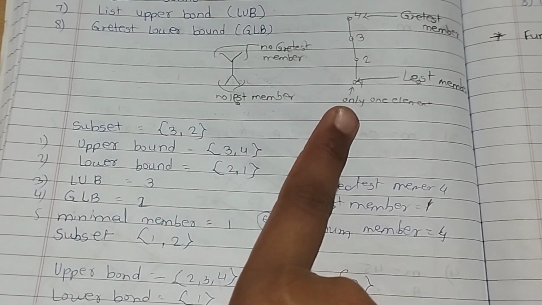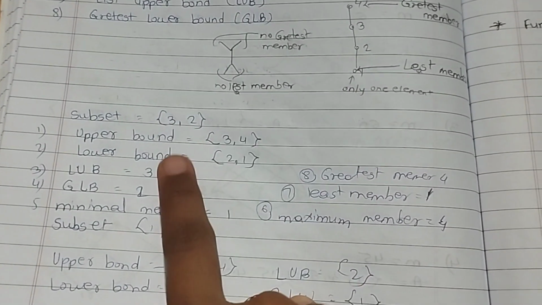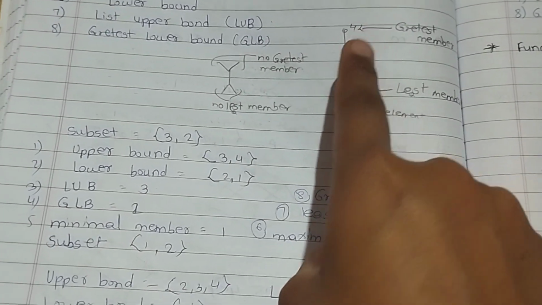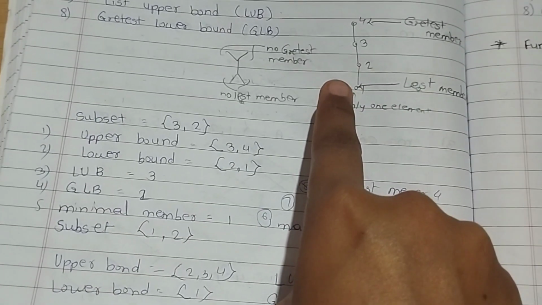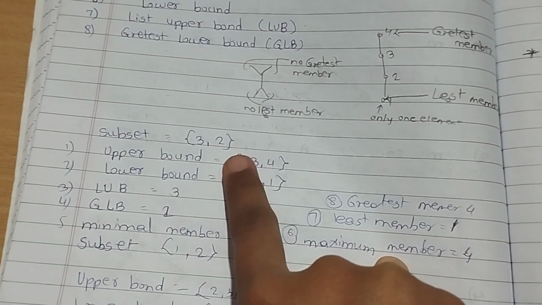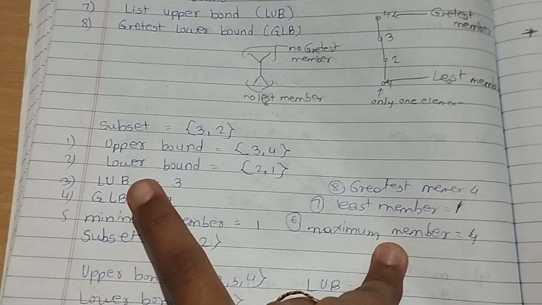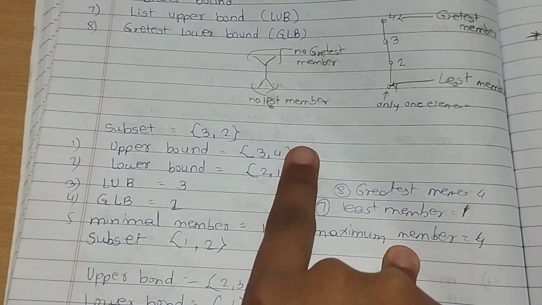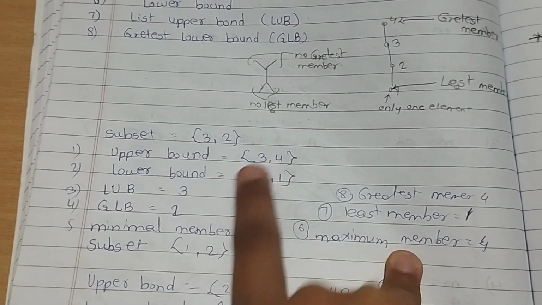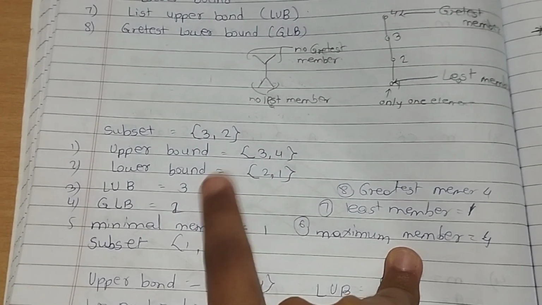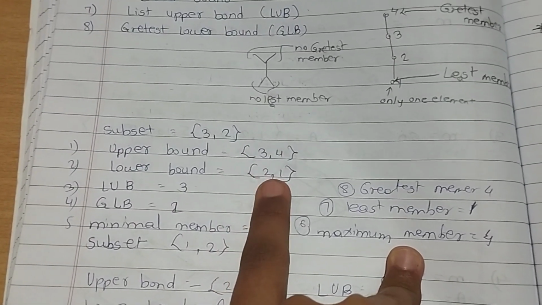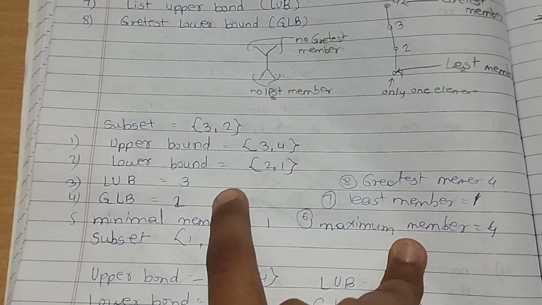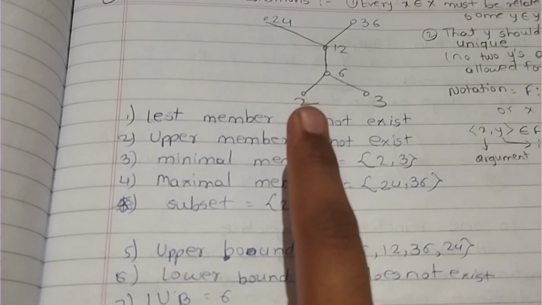Suppose for the given example, the subset is given as 3 and 2. The upper bounds are 3 and 4 and the lower bounds are 2 and 1. Then the least upper bound: from the upper bounds we want the least member, which is 3. So the least upper bound is 3, and the greatest lower bound means from the lower bounds we want the greatest member, which is 2.